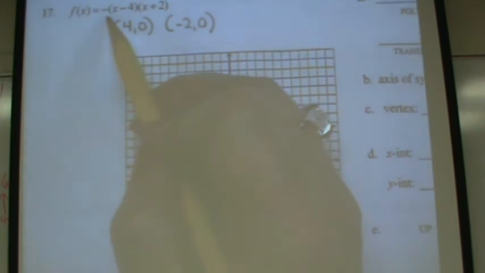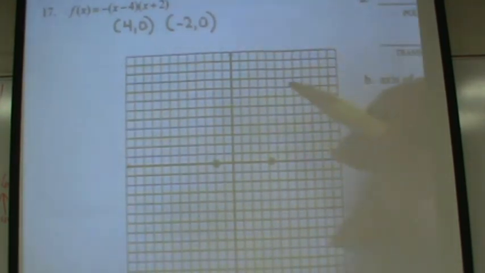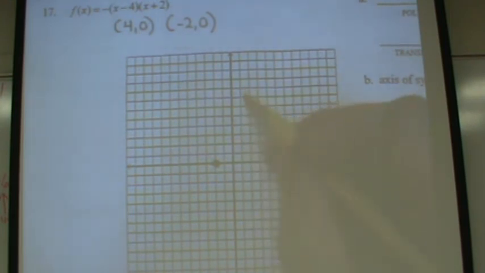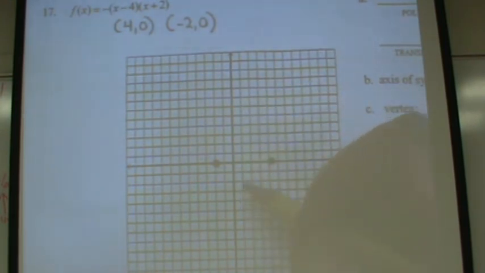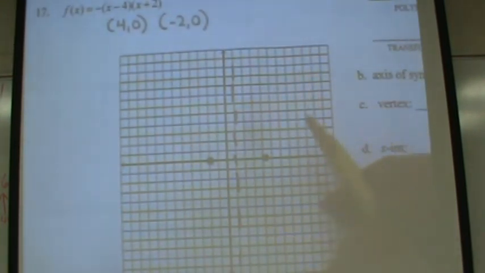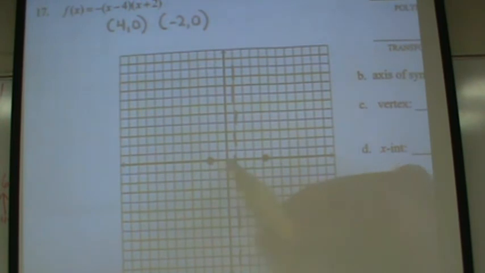This graph is upside down according to that negative, but what's the magic number in between here that gives us symmetry? You go halfway. So what's the middle number? Right there. X equals 1 would be your axis of symmetry. You split the difference. So the middle number between -2 and 4 is 1.